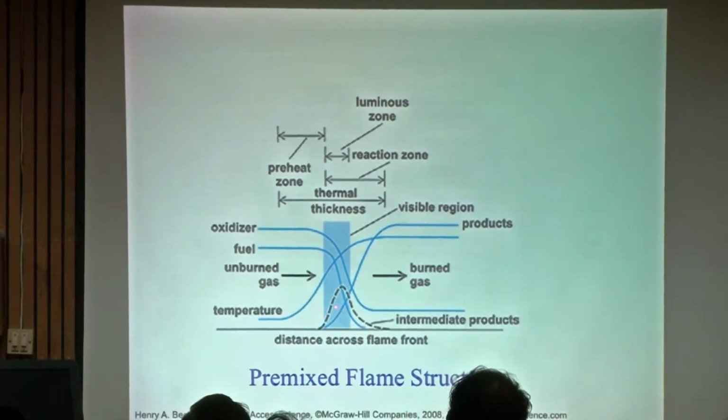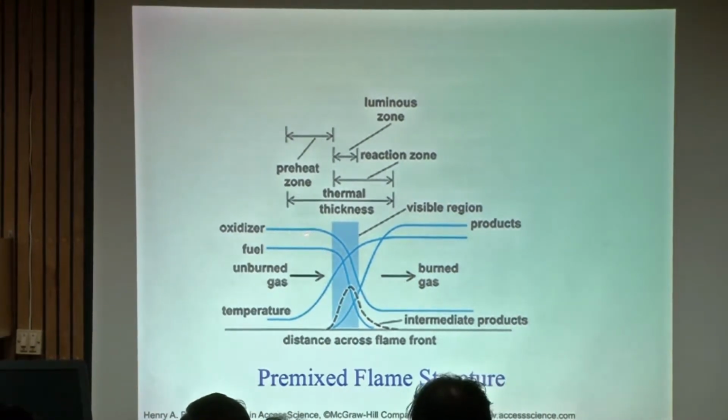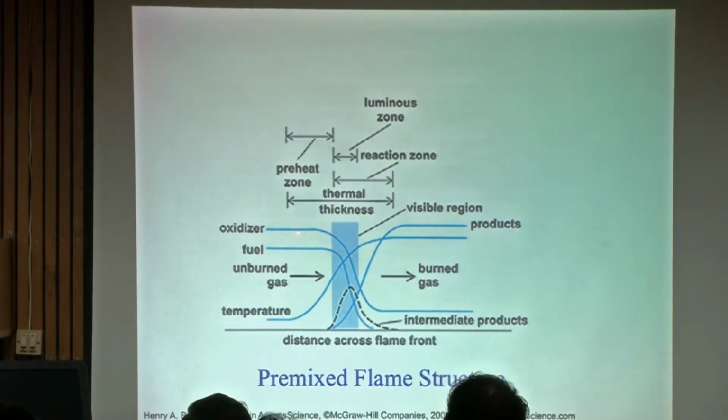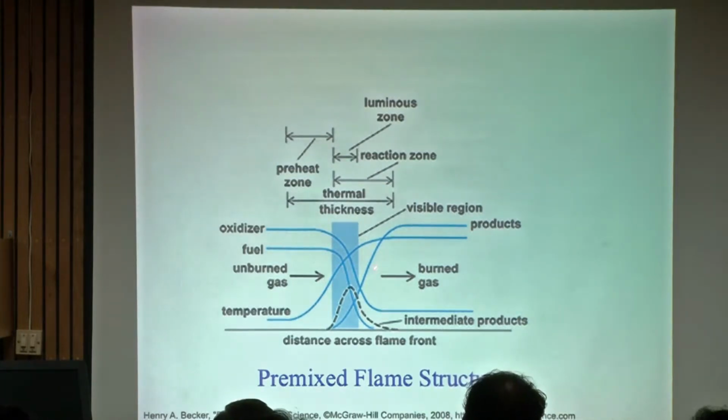But of course, now you have full gradients. You see how the oxygen and the fuel mole fractions or mass fractions are changing with respect to x, and then the temperature increasing. So there are lots of gradients going on here.